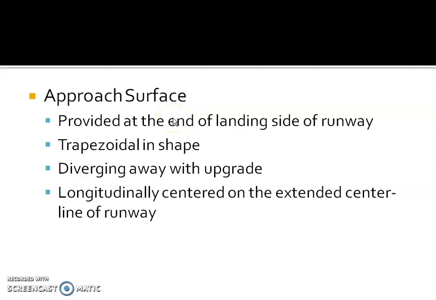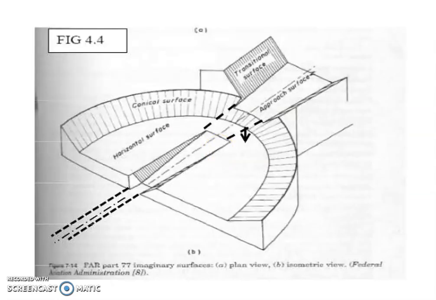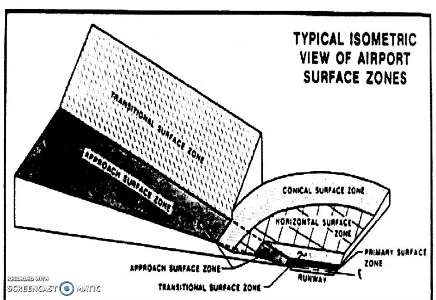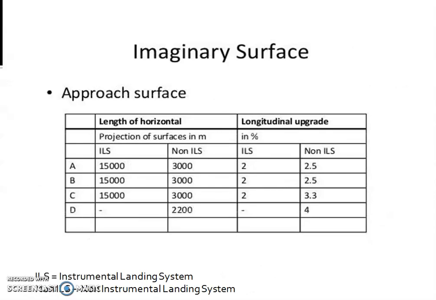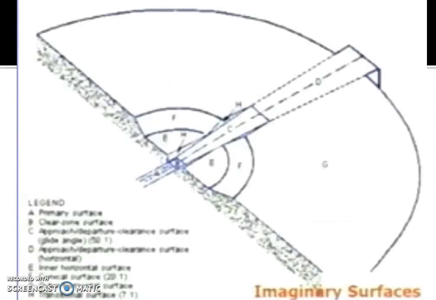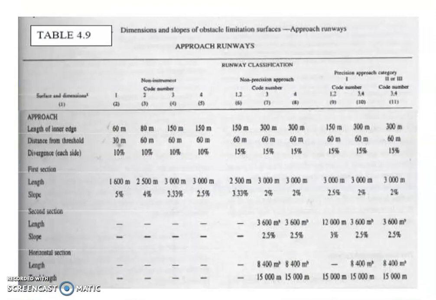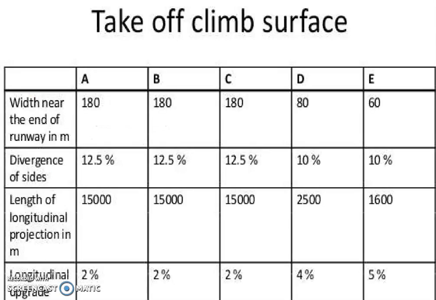This will be explained in detail in each and every slide. This is an approach surface, how it should be, and an isometric view of the airport surface zones, and how many meters the dimensions should be for instrument landing system and non-instrument. Then this is for the approach runway: we have to leave free space for non-instrument and instrument, for precision approach and non-precision approach also.